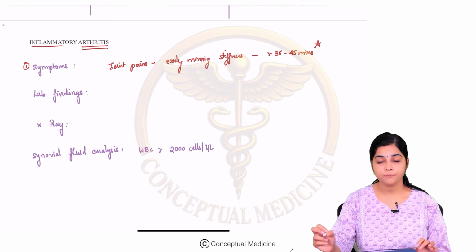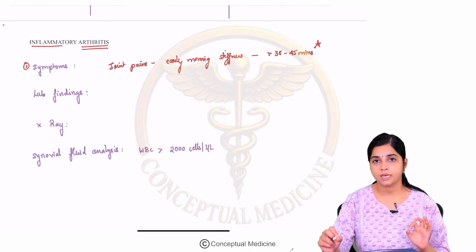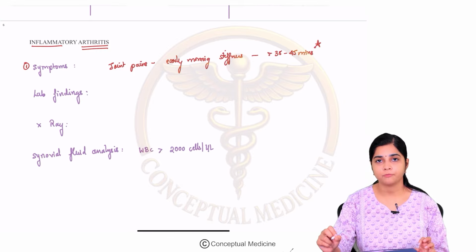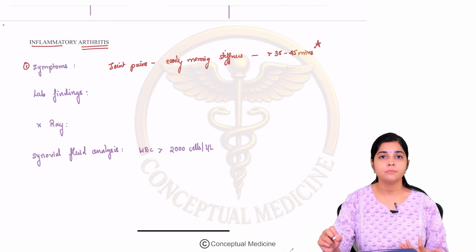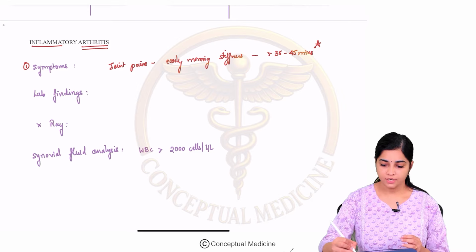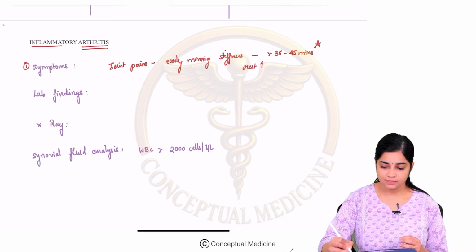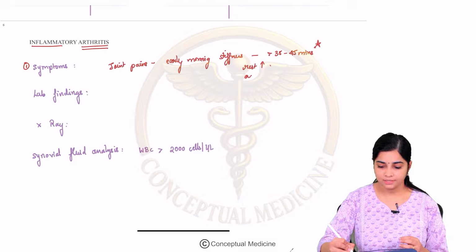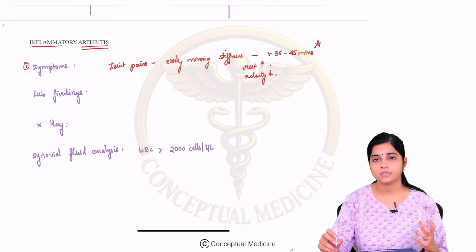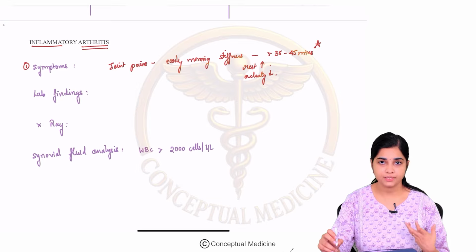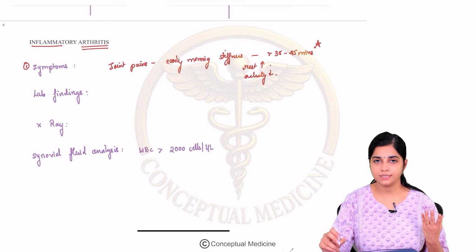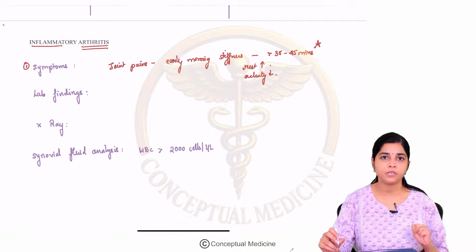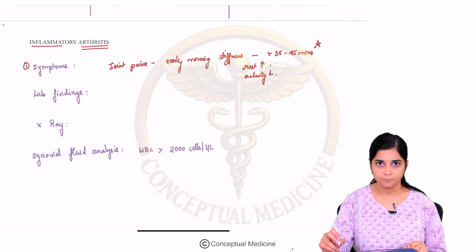Rest increases the pain whereas activity decreases the pain. So joint stiffness lasting more than 35 to 45 minutes, increasing with rest and decreasing with activity, is a characteristic feature of inflammatory joint pain.